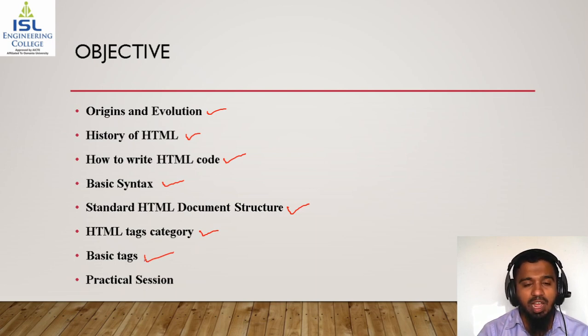Some of the tags we will see, and we will do the practical session: how to write the HTML code, how to save the document, and how to view your web page.